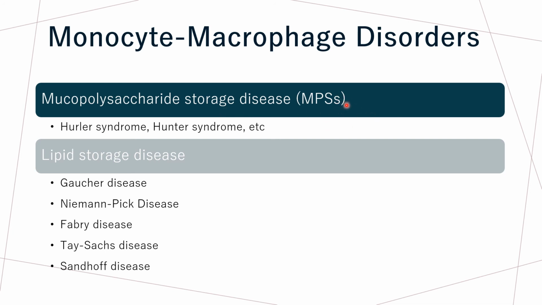The MPS have been subdivided according to which enzyme is defective. Examples would be Hurler syndrome and Hunter syndrome. The lipid storage diseases are inherited disorders in which lipid catabolism is defective. Examples would be Gaucher disease, Niemann-Pick, Fabry, Tay-Sachs, and Sandhoff disease.